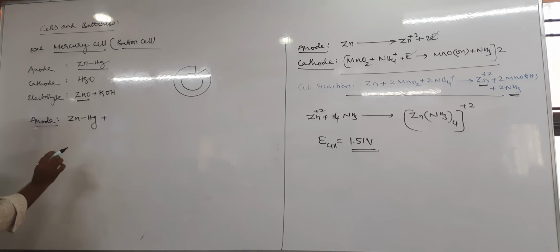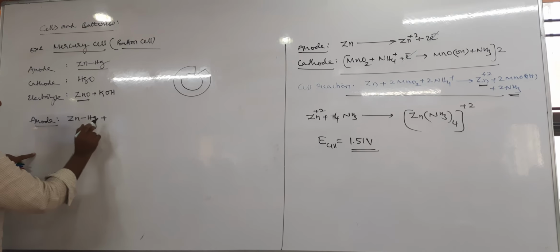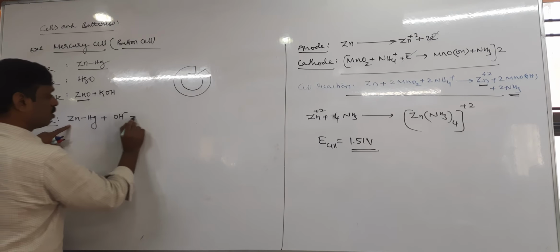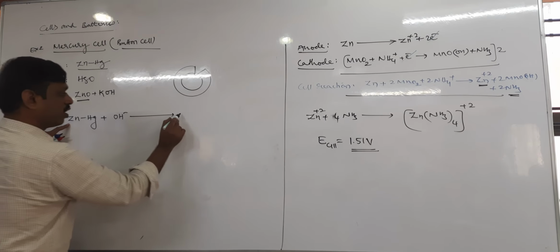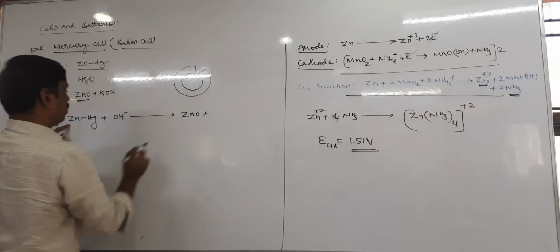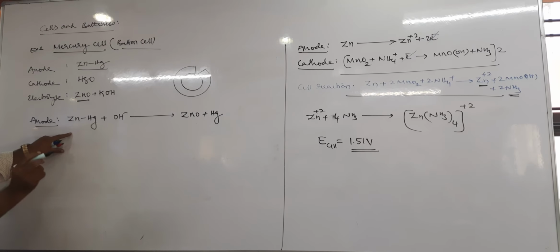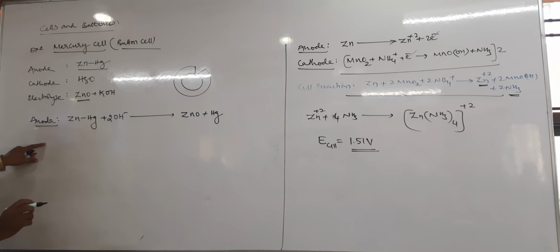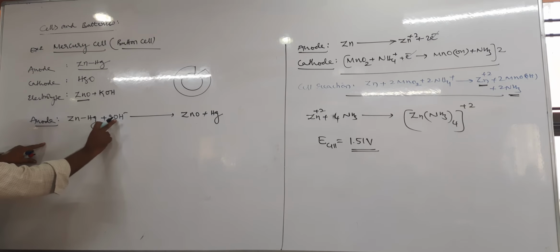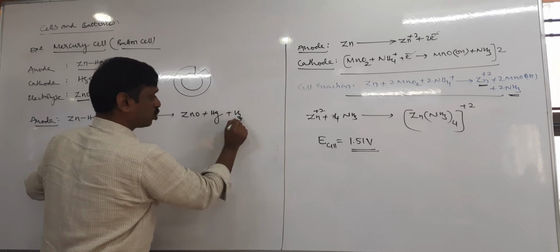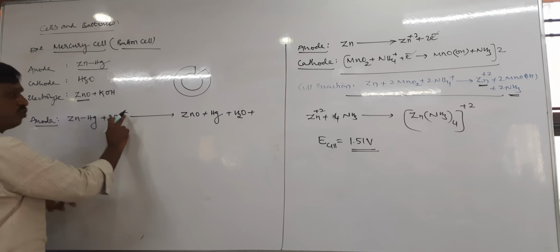At the anode, oxidation takes place, which means loss of electrons. To lose electrons, zinc amalgam contacts OH minus, and zinc converts into zinc oxide, ZnO, and mercury is deposited as Hg. Taking 2 OH minus, one oxygen is used, and the remaining one oxygen and two hydrogen become H2O, plus 2 electrons to balance.